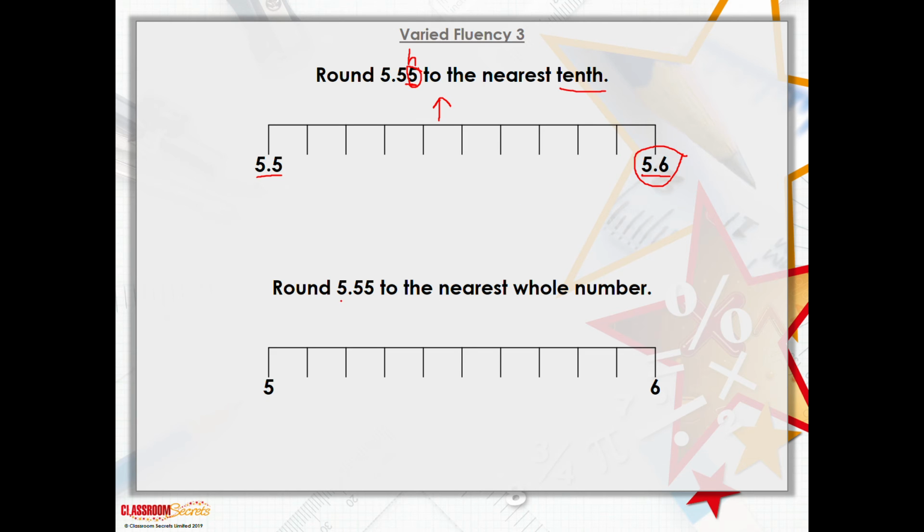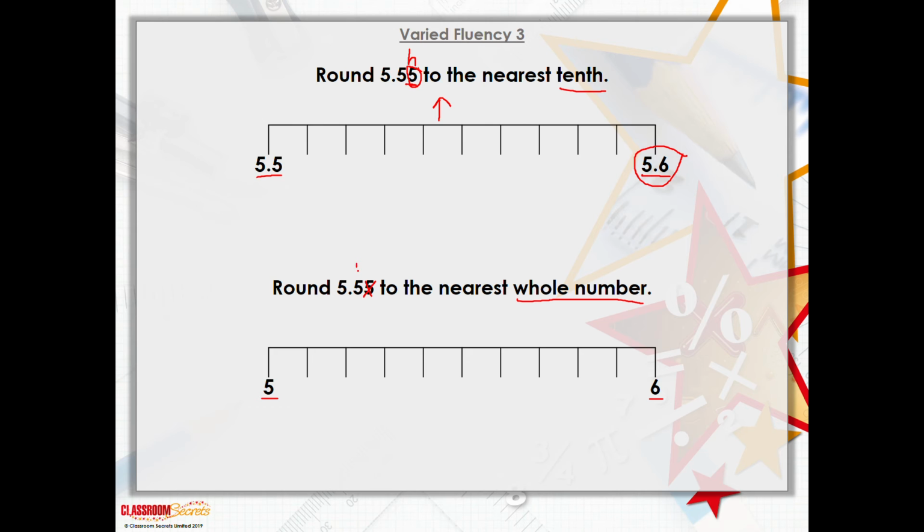We still have the same number here, 5.55, but this time we've got to round to the nearest whole number. And again, they've given us the whole numbers. They've given us 5 or 6. This time, I'm not looking at the hundredths column because I'm not rounding to the nearest tenth.